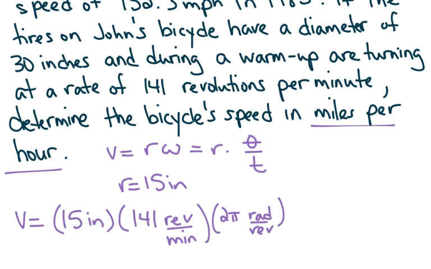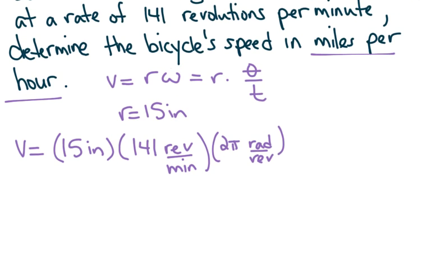To help us out, I'm going to start by multiplying this together, because otherwise there's a lot of stuff going on in the dimensional analysis, so I'd rather break it up a little bit. So I'm going to call this 13,289, and then it's going to be inches per minute. Now we're going to worry about changing inches per minute into miles per hour.